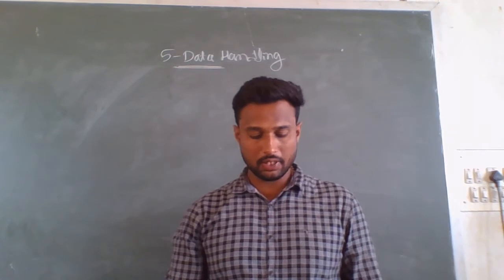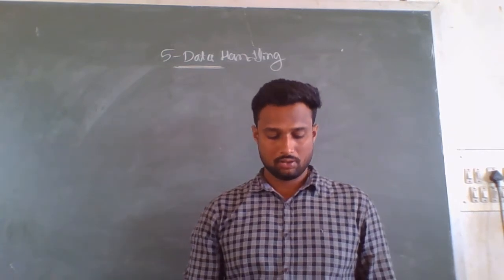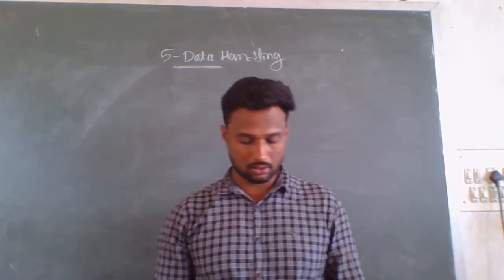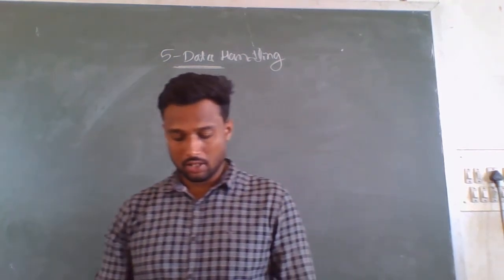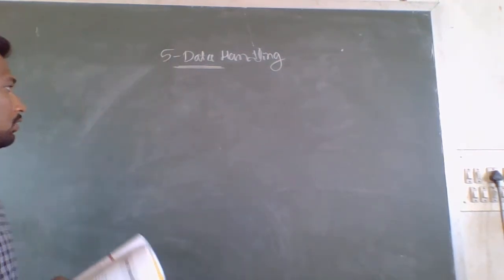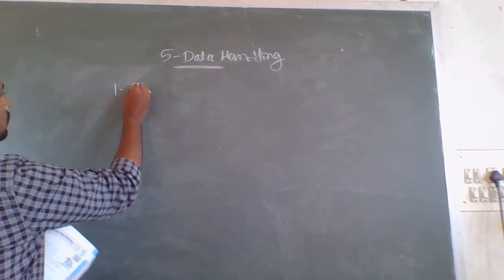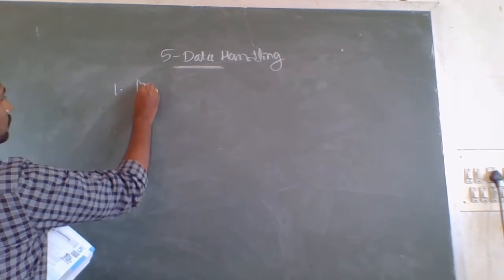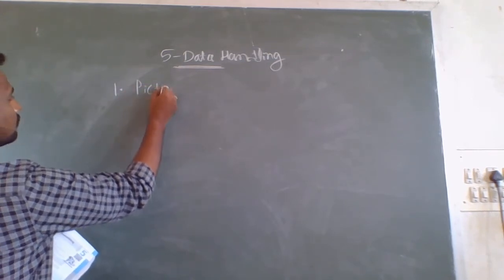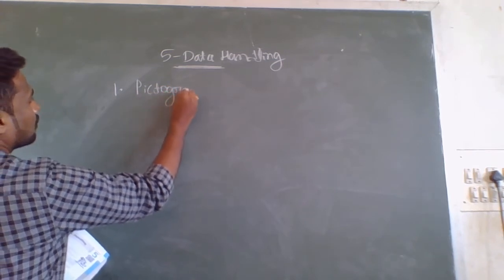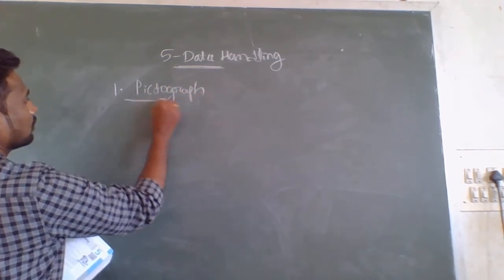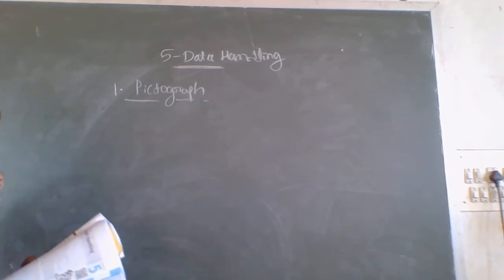There are different ways to represent data or information. So first one is a pictograph.